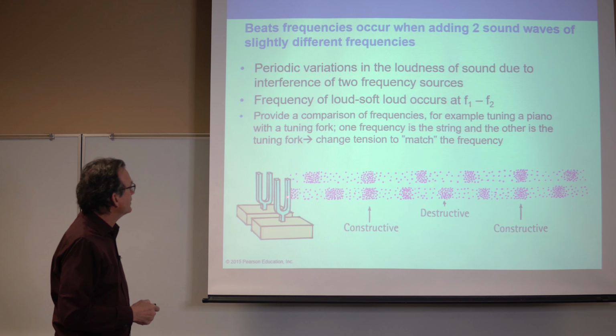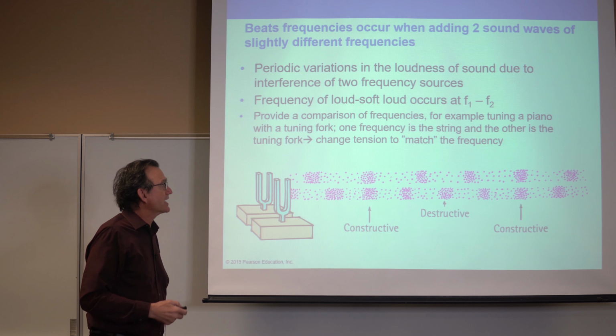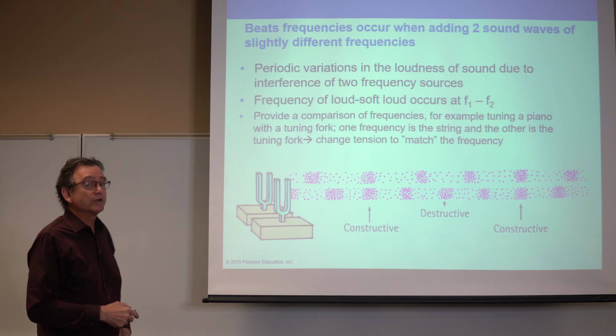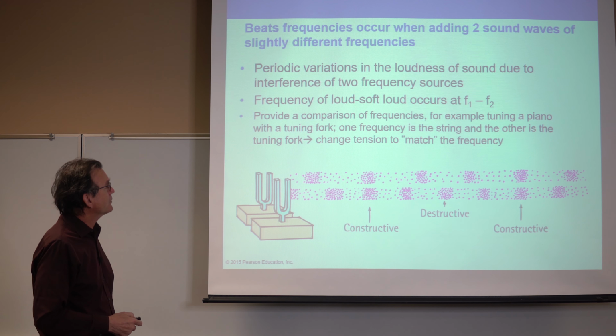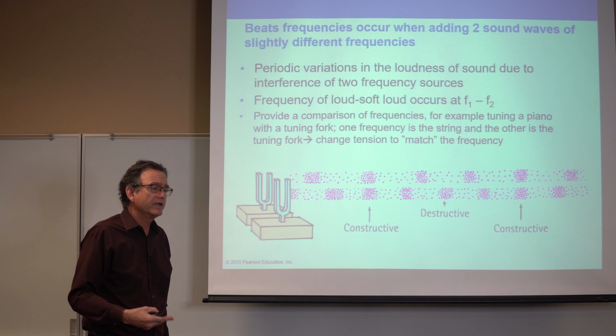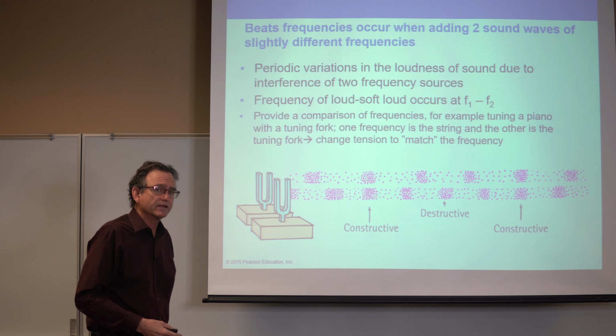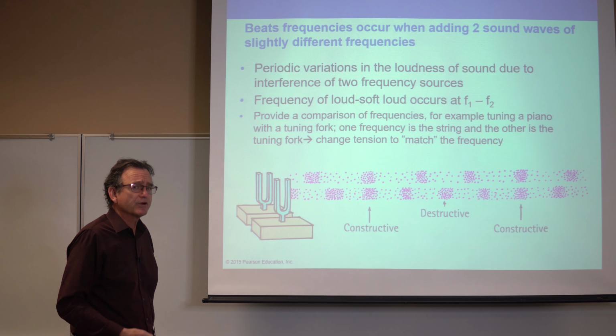That is to say that the frequency of one tuning fork might be 440 cycles per second and the frequency of the other is 445. The difference in the frequencies is 5 hertz or 5 compressions per second. That's another way of thinking about hertz, by the way. It's the number of compressions per second that is hitting your ear. So 5 hertz means 5 compressions per second.